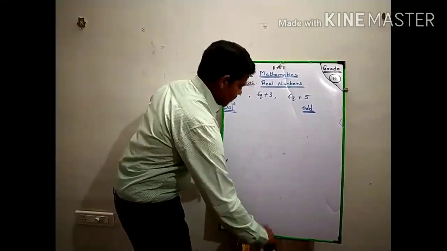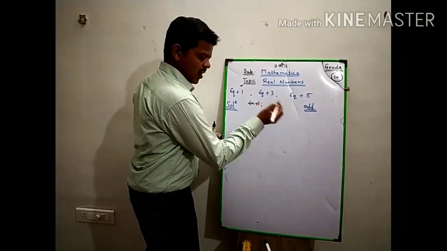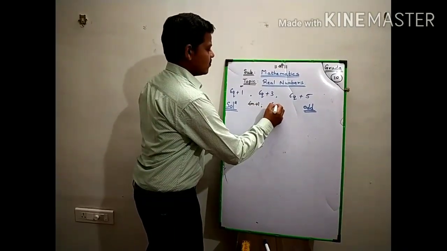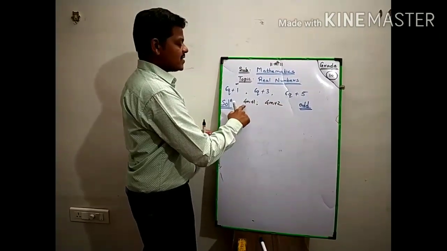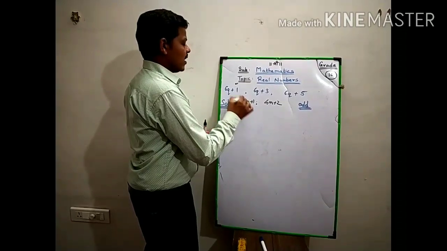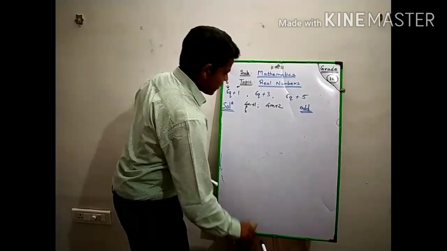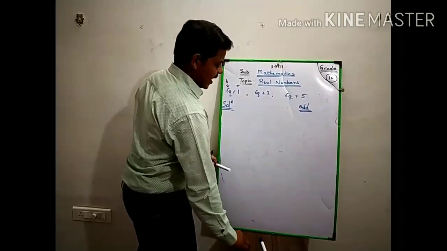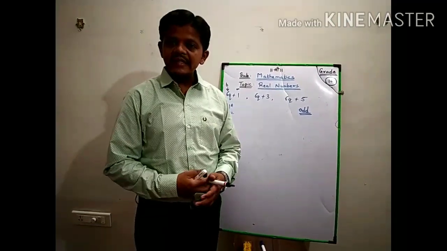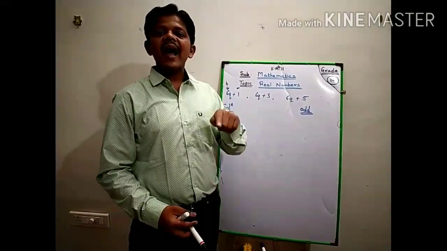If it would have been of the form 4m plus 1, suppose they had asked us to prove 4m plus 1, 4m plus 2, then A is equal to BQ plus R, so now B takes the value 4. In this case, B has taken the value 6. So how am I going to write? Let a be any positive integer divided by 6 to get a remainder R.